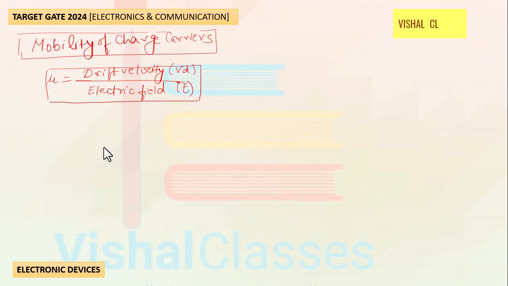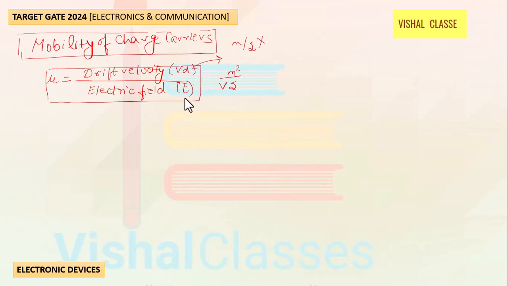The unit will be meter square divided by volt second. Drift velocity unit is meter per second.